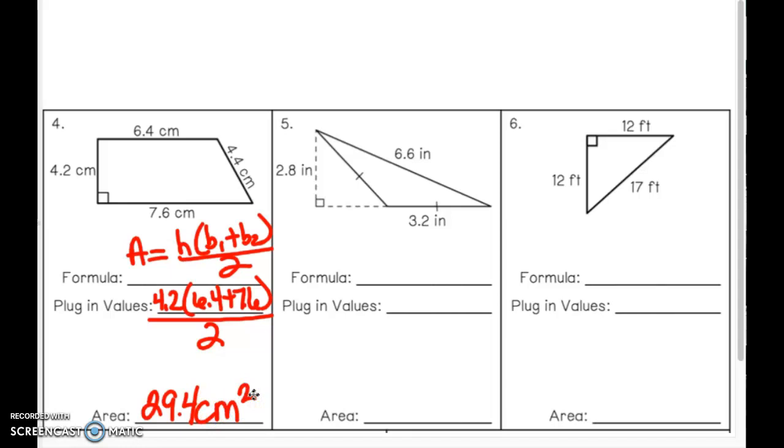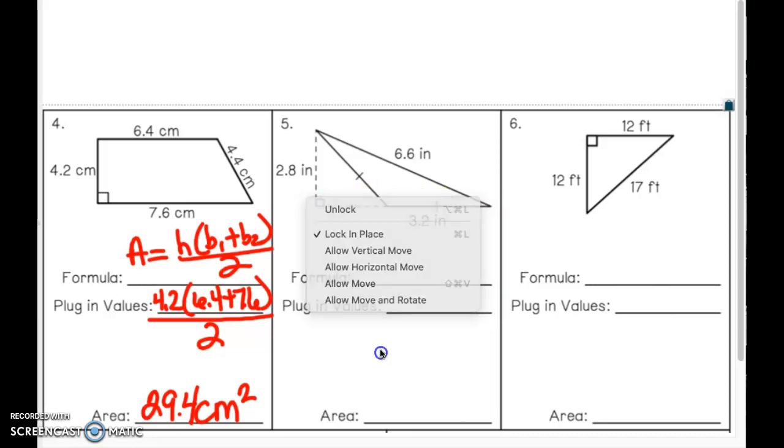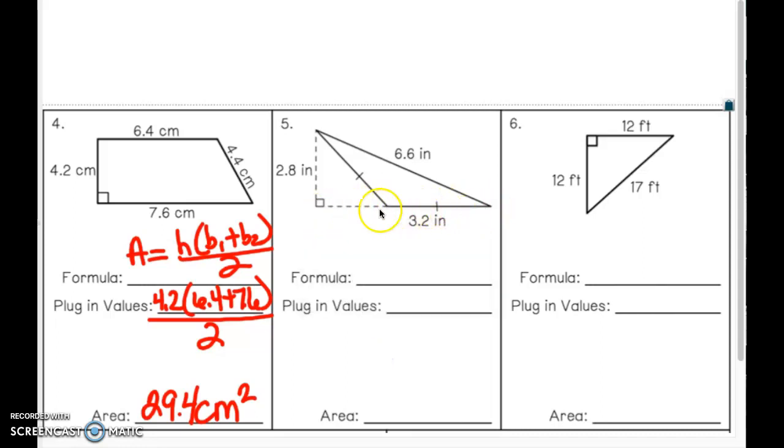In this next one, it can get a little tricky trying to figure out which one's the base, because we know the height pretty well is here, but I want to tell you the base is always wherever this 90 degree angle comes across. So area equals base times height divided by 2. The base is 3.2 in this case, and the height is 2.8.